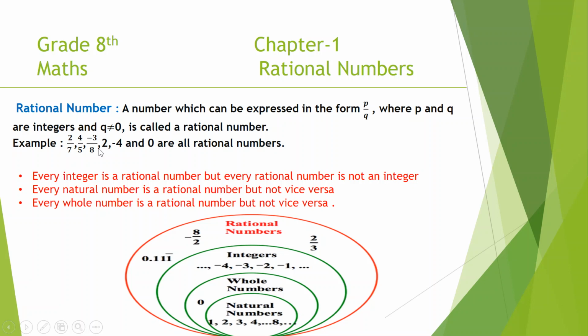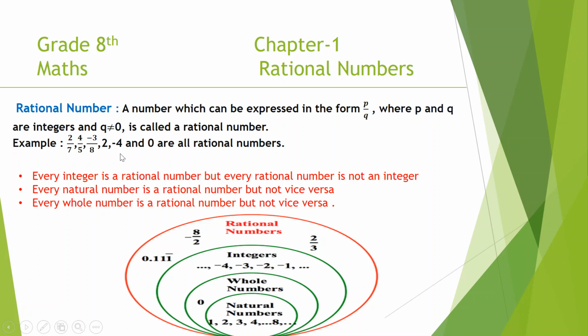but in the denominator of 2 also we can take 1. We can take in the denominator of 2 what? 1 we can take, then it will also become in the form of p upon q. Minus 4, in the minus 4 also in the denominator we can write 1.